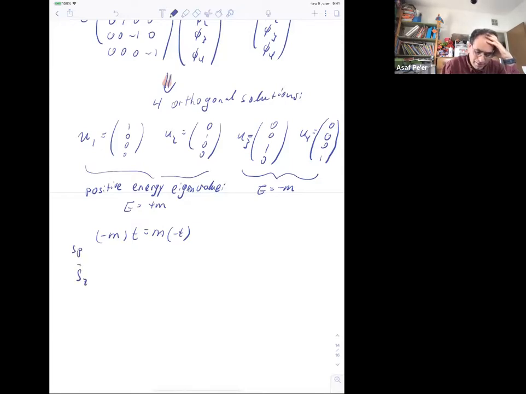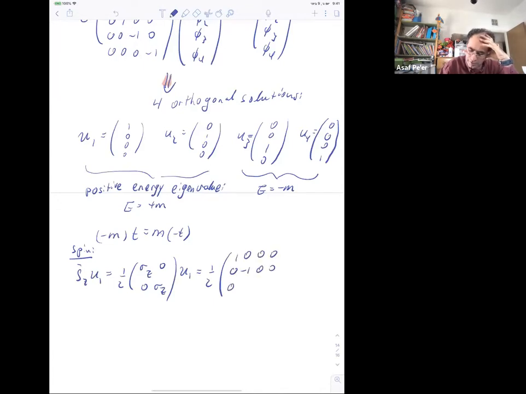So SZ, the spin, let's say of U1. Remember, SZ is 1/2 sigma Z 0, 0, sigma Z, acting on U1. So it's 1/2 times the matrix 1, 0, 0, 0, 0, minus 1, 0, 0, 0, 0, 1, 0, 0, 0, 0, minus 1. And U1 is just 1, 0, 0, 0.